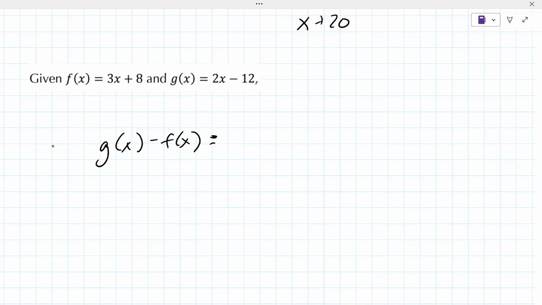It would be 2x minus 12 minus 8, negative x minus 4. So negative x minus 4.